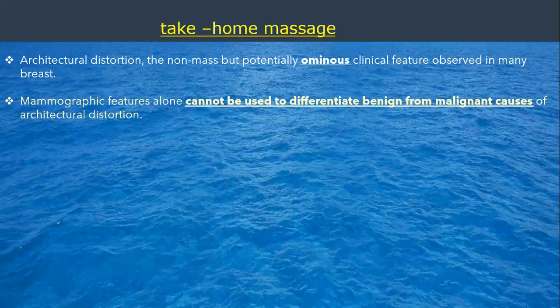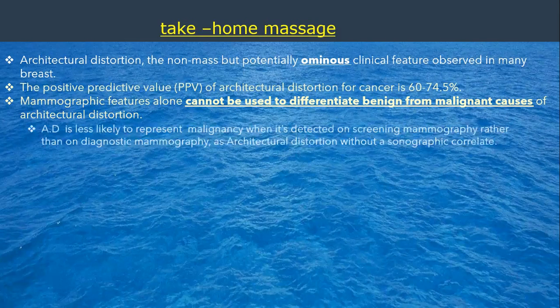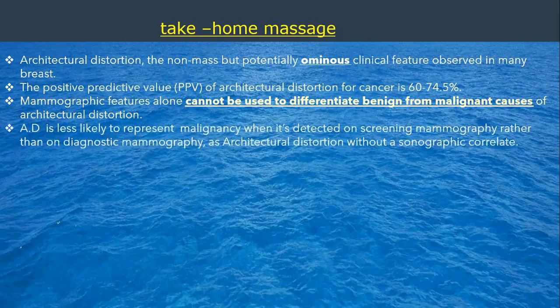The positive predictive value of architectural distortion for cancer ranges between 60 and 74.5%. Architectural distortion is less likely to represent malignancy when detected on screening mammography rather than diagnostic mammography, as well as when it has no sonographic correlate.